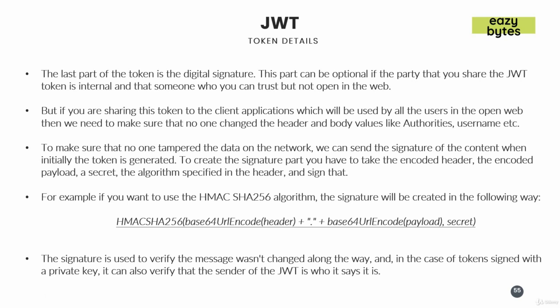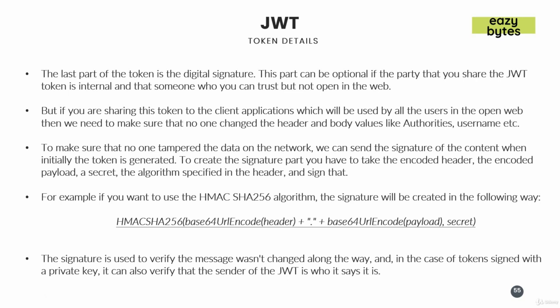And if they both match, and when I say match, not the content but the hash values of both match, then it believes, okay, this is my original token that I generated and no one tampered with the token. So that's the purpose of the digital signature inside our JWT token.